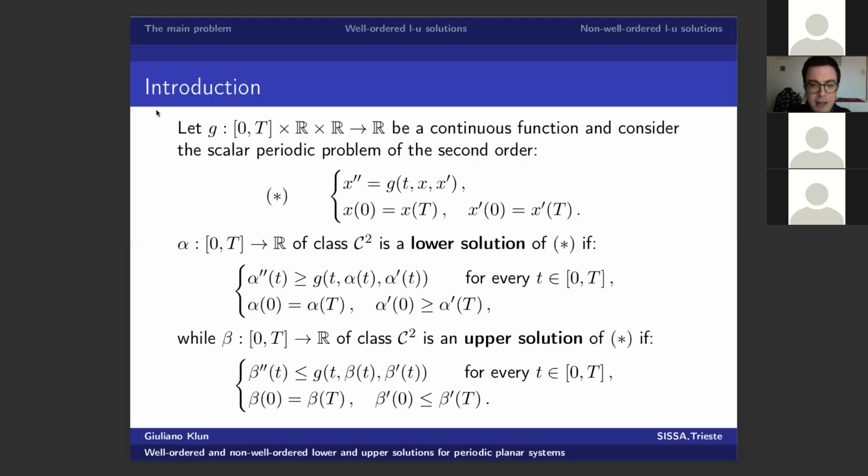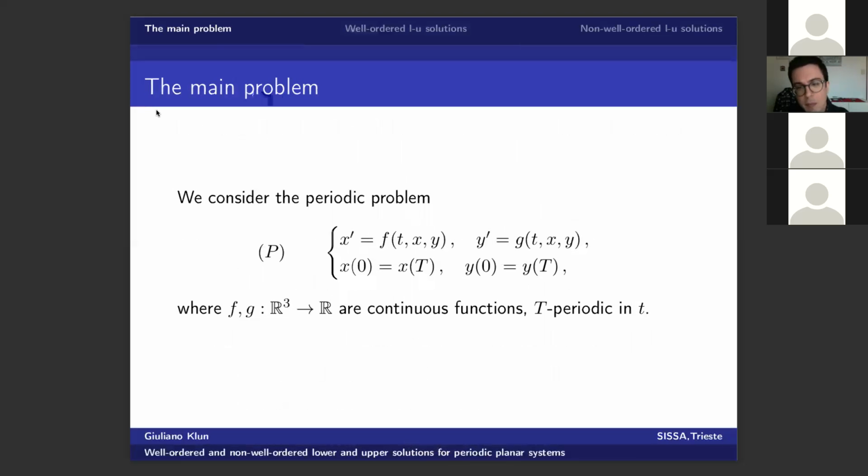While beta from [0, T] to R of class C2 is an upper solution for the problem if the reverse inequality holds for beta'' with respect to g calculated in t, beta(t) and beta'(t), with symmetric conditions on beta and beta' at the boundary of the interval [0, T].